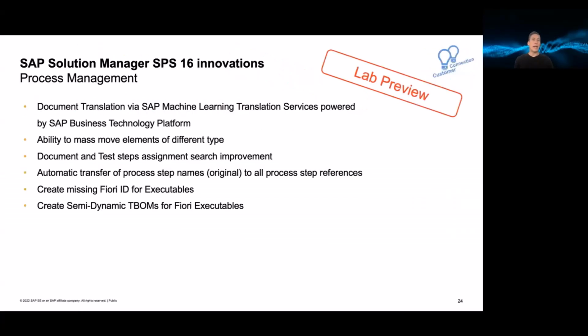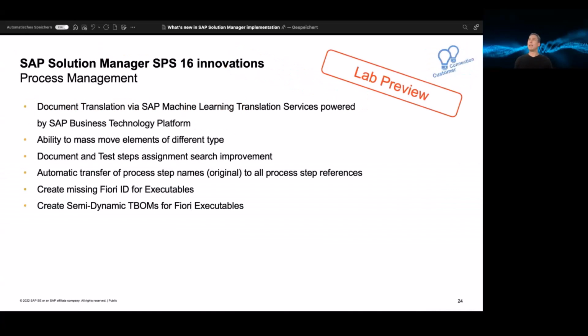Now let's look into the SP16 deliverables, which you can expect soon. SP16 is not released yet, but will be available soon. First, we now also have document translations based on the machine learning translation services. This is an offering by SAP, and we have it integrated into the solution documentation.